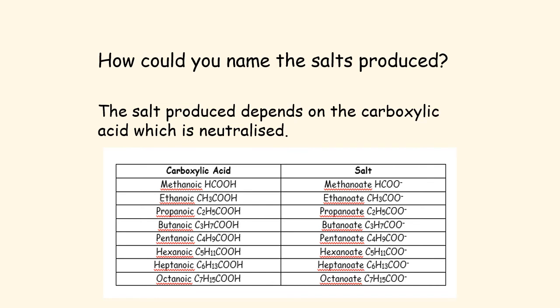Propanoic, propanoate. Butanoic, butanoate. Pentanoic, pentanoate. Hexanoic, hexanoate. Heptanoic, heptanoate. Octanoic, octanoate. So it's most common for them to use ethanoic acid, as it's the most common carboxylic acid used in reactions, and they produce ethanoates.